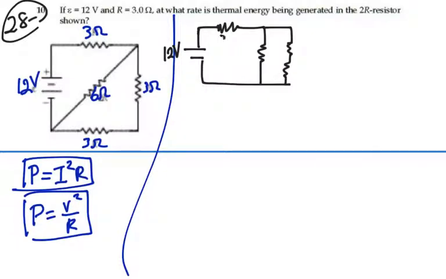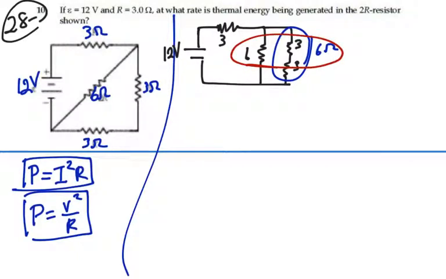So it's really a 3 ohm on top, 6 ohms in this middle branch, and a 3 ohms in series with a 3 ohms. If we add these two 3 ohms together, we have 6 ohms for that. And now that 6 ohms is going to be in parallel with 6 ohms.